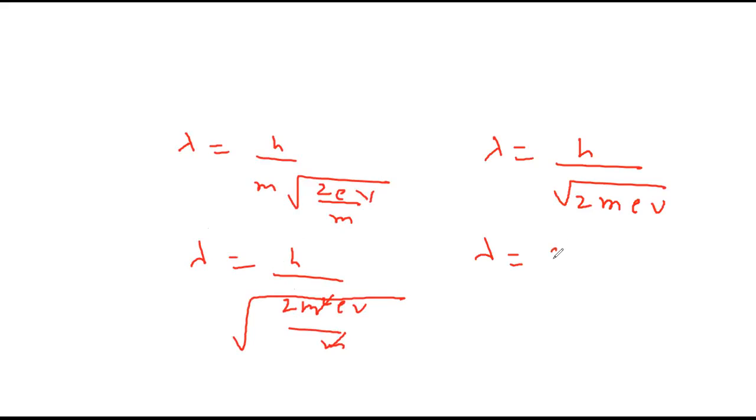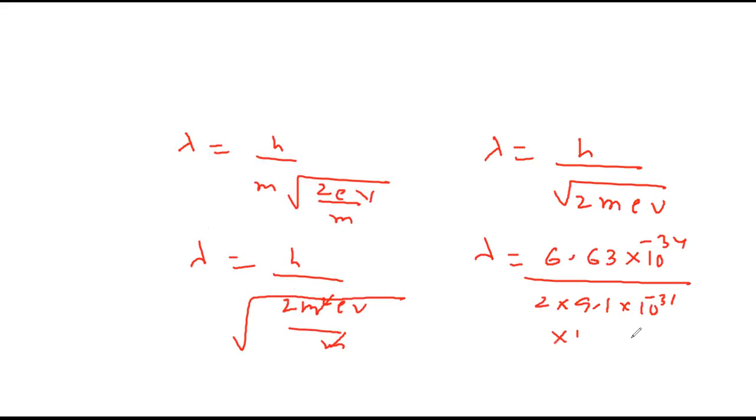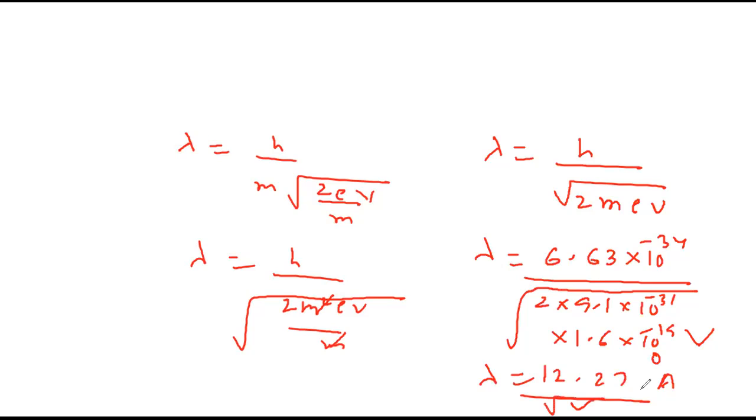Now putting all the values, this is 6.63 into 10 raised to minus 34, upon root of 2 into 9.1 into 10 raised to minus 31, into 1.6 into 10 raised to minus 19, into V. This all simplified will become 12.27 angstrom unit upon root of V.